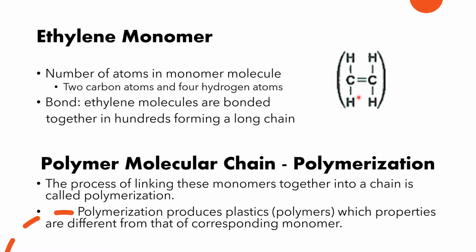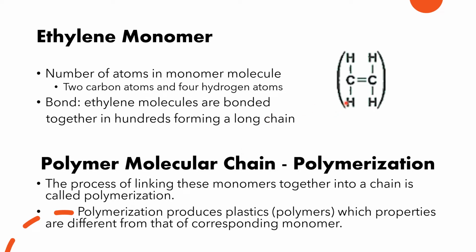When you take a look at the ethylene monomer, you can see 2 carbon atoms and 4 hydrogen atoms, and you have a double bond between the 2 carbon atoms and a single bond between hydrogen and carbon. In polyethylene, ethylene molecules are bonded together in hundreds, and you see a really long chain in the polymer, okay?